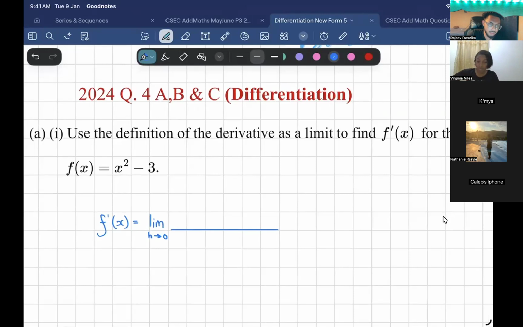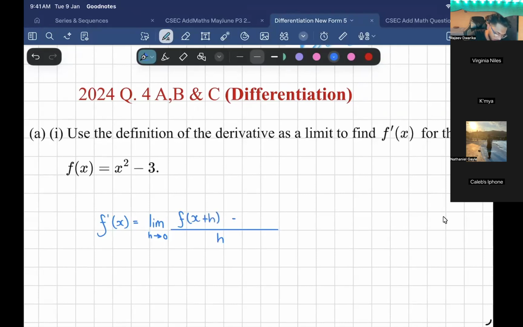Over h, we know it's over h, right? Yeah, over h. I don't know how to express it in the formula. So the formula is f of x plus h.